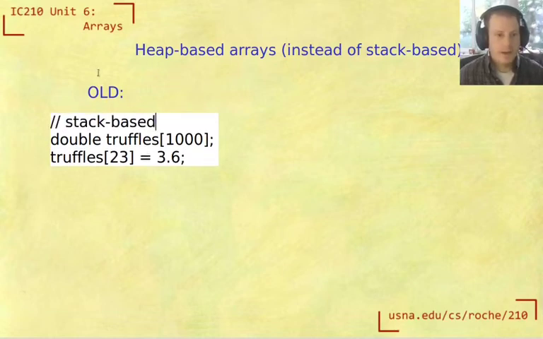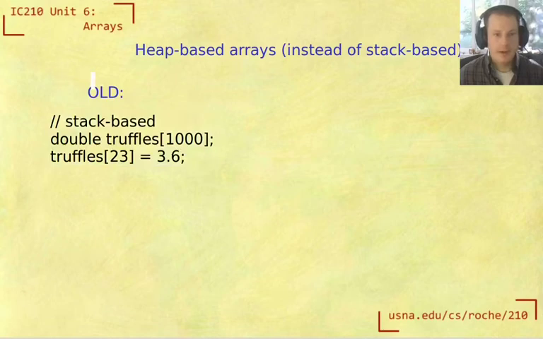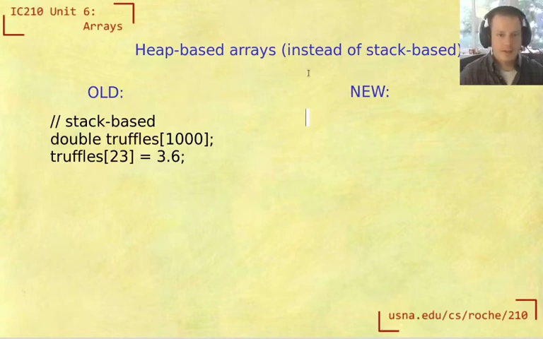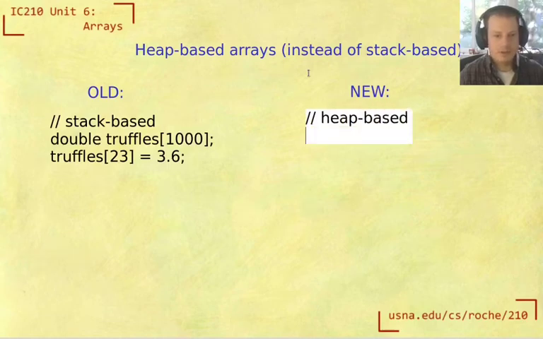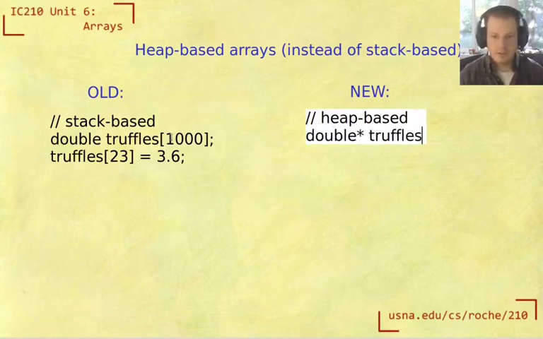And the new way, I'm going to show you right now, and then we'll motivate why we would want to use this and what the differences are going to be. The new way, which isn't to say everything now must be done this way, but a new option that we're going to have today, is called heap-based. Instead of declaring the array like this, we will declare it like this: double star truffles. So we use that type when we declare it.